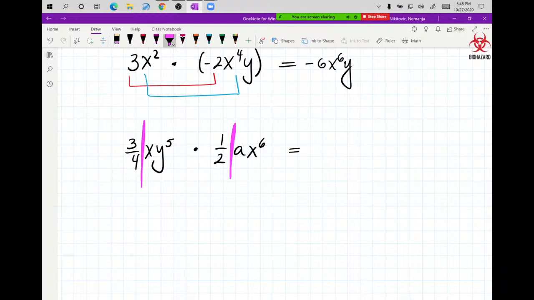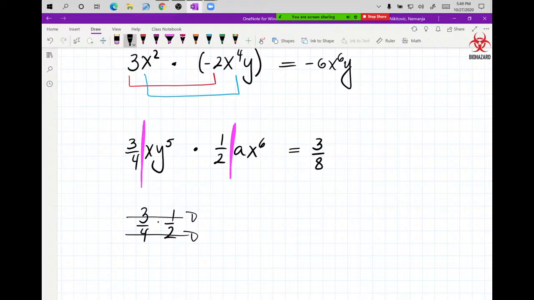In this case, both are fractions. That's okay. And then you have the variable part. So 3/4 times 1/2, we multiply across for fractions. So that's going to be 3/8.